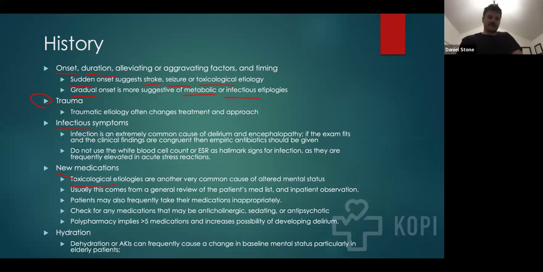Also make sure you review their med list if they have medications that they're using, and that you also watch them take their medications, if you're concerned about them potentially mismanaging their medications, or if you're concerned about potential side effects. Usually patients who are confused or altered or encephalopathic get admitted to the hospital, so this is an option in terms of managing patients long term: controlling their own medications and seeing how they take them, making sure they don't take them inappropriately.